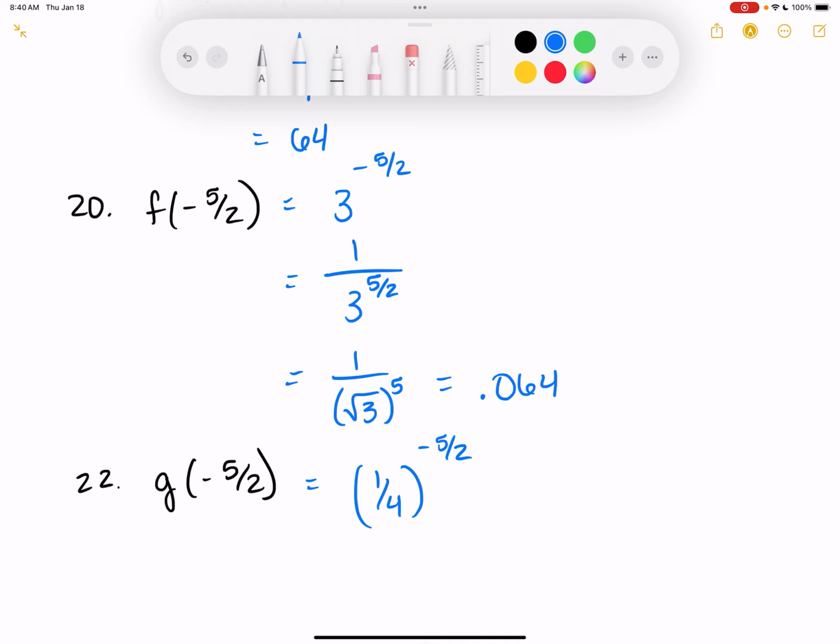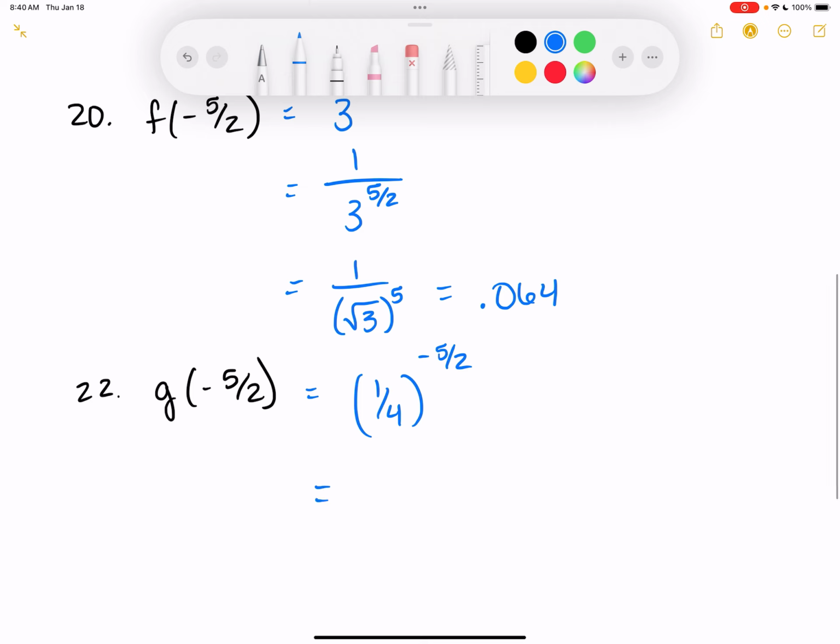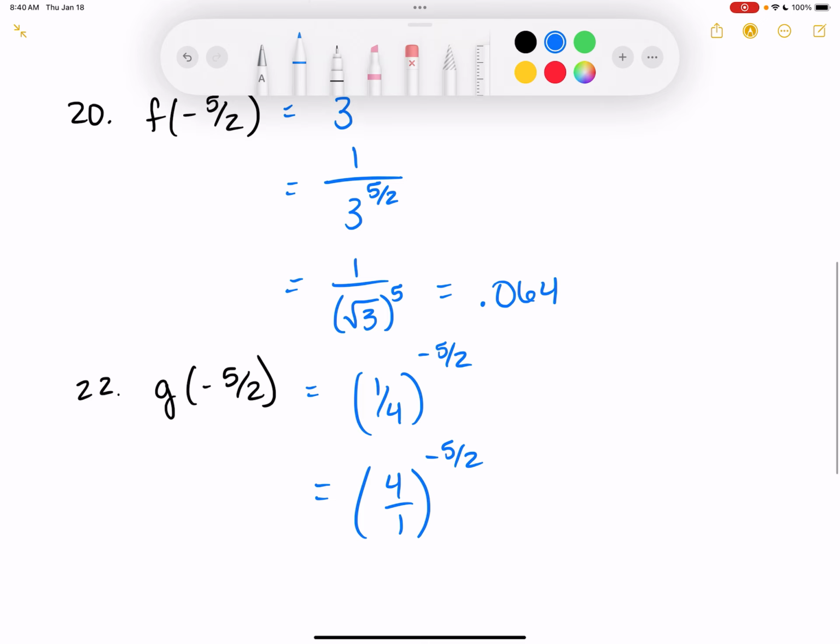Do the thing, whatever it ain't. Yep, so because it's on a fraction, I'm just flipping my fraction over. And in this case, there's just a 1 on top, so the 1's going away. This would technically be 4 over 1 raised to the positive 5/2.